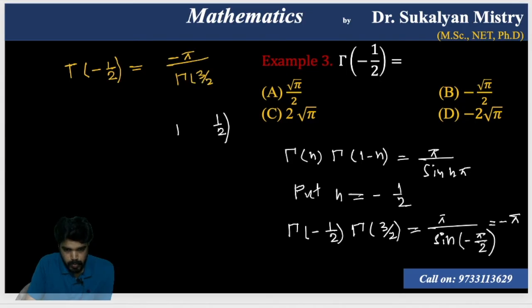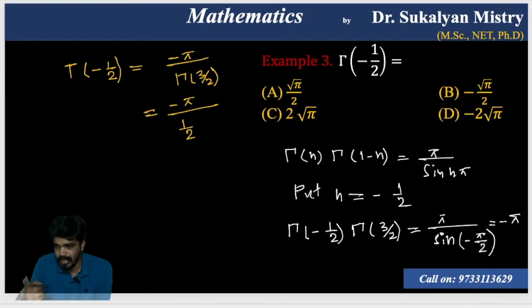Now we have to calculate gamma 3 by 2. So, gamma 3 by 2 can be written as 1 by 2 plus 1. Gamma n plus 1 is n gamma n, so that is 1 by 2 gamma 1 by 2.